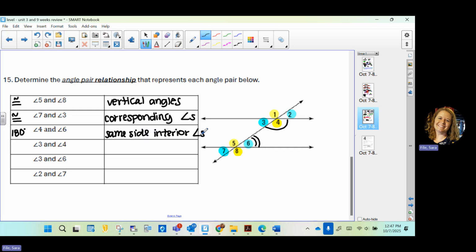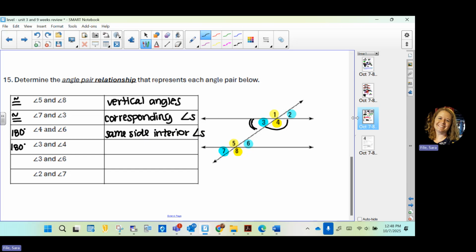All right, now 3 and 4. Well, I've already got 4 marked, so let me just get rid of the 6. So 3 is here. 3 is also blue and 4 is yellow. So again, I know that these two should add to 180 because one's obtuse, one's acute looking, but they're at the same intersection. So we don't need the second parallel line here. We don't need parallel lines to have this relationship. They're at the same intersection. They're next to each other on a straight line.